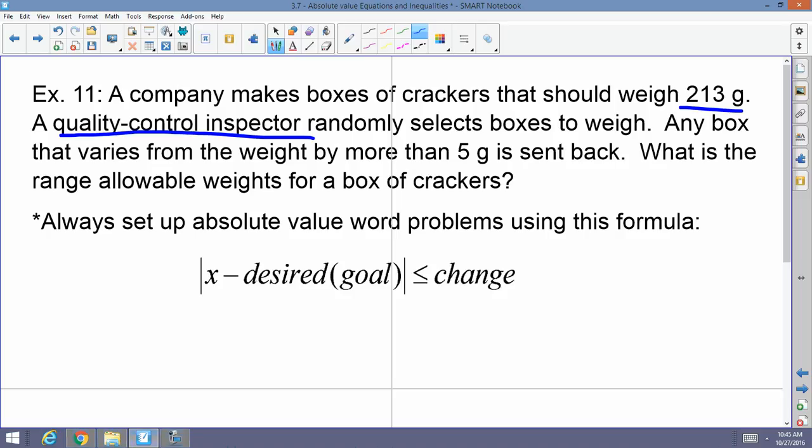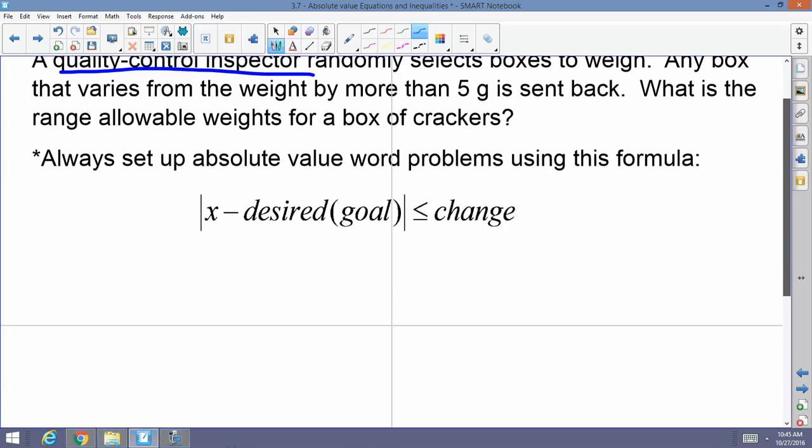You always want to set up an absolute value problem using this formula when we're talking about word problems. It's the absolute value of x minus the desired goal. It's x minus what you want, what it has to be, what the goal is, what the desired amount is, is less than or equal to the change.